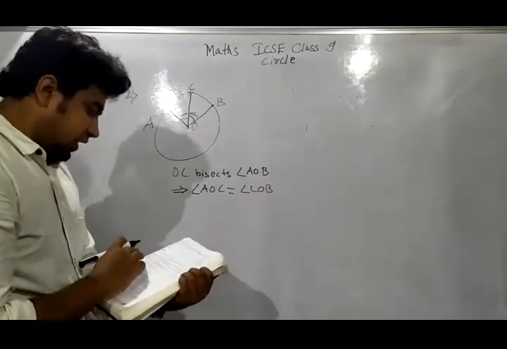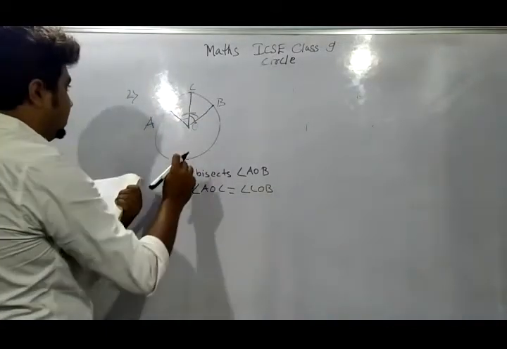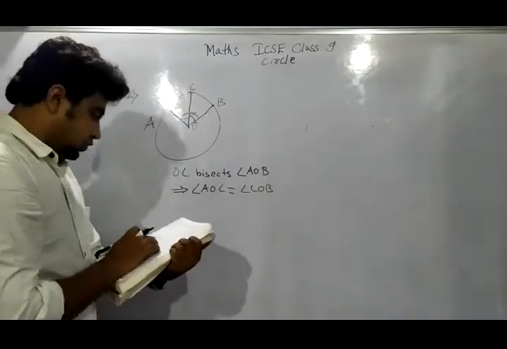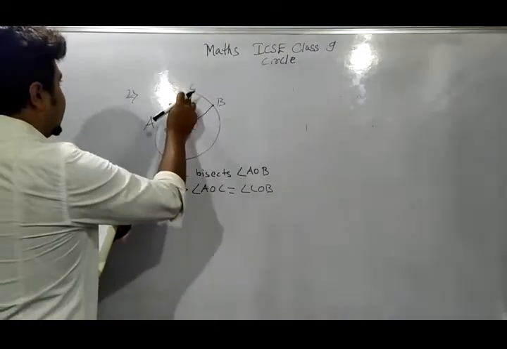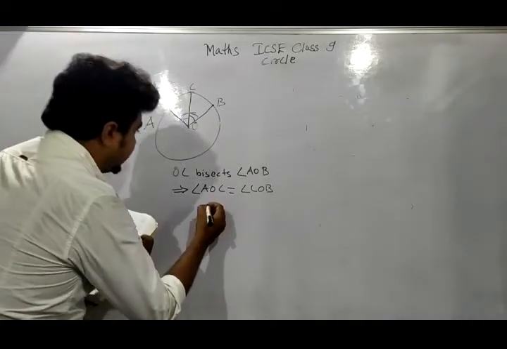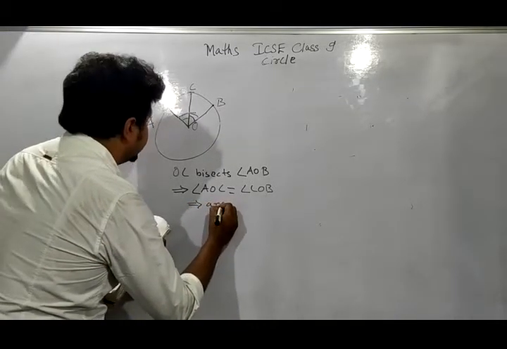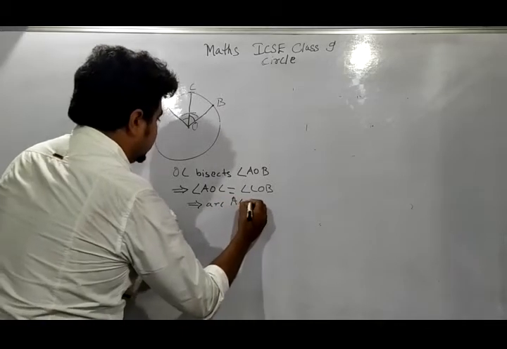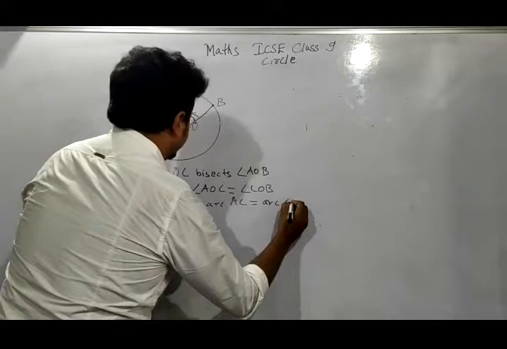What we have to prove is that the arcs are of equal length. If these two are bisected, I can say that this arc will also be equal to arc AC. That implies arc AC will be equal to arc CB.